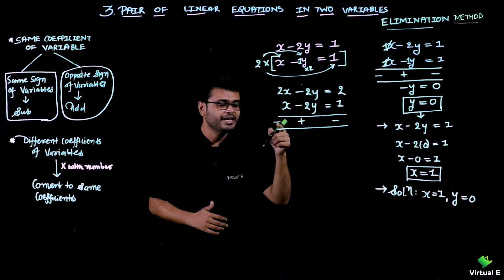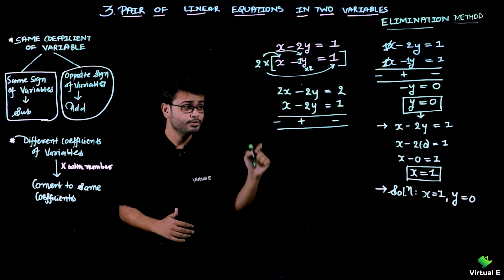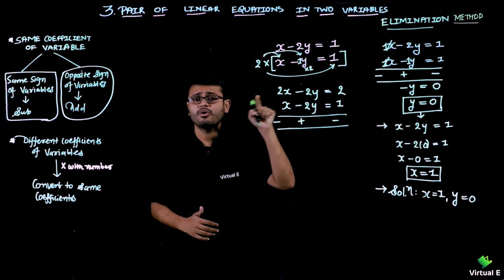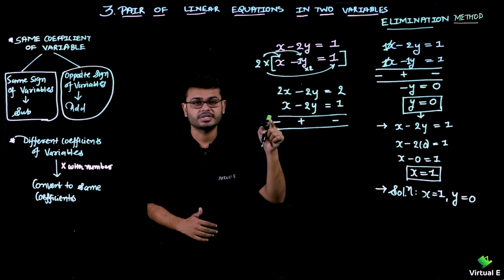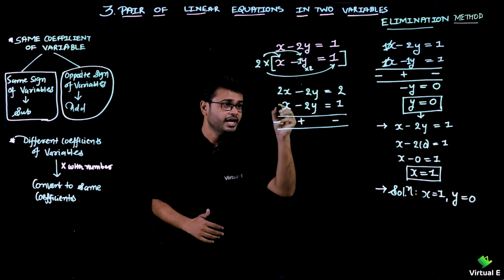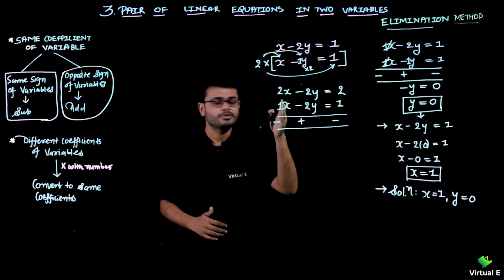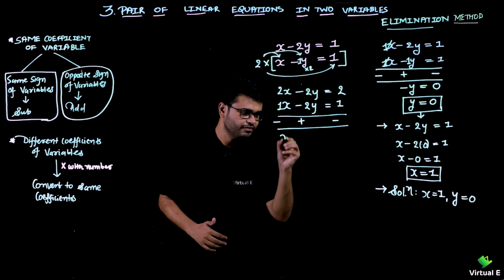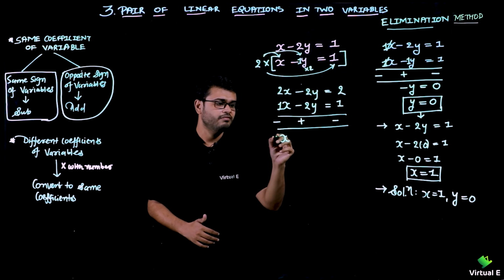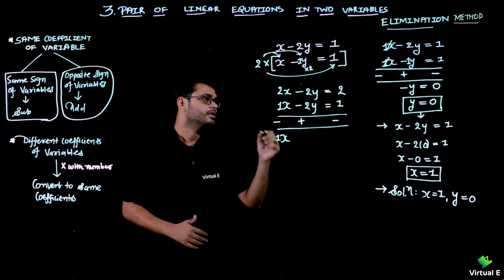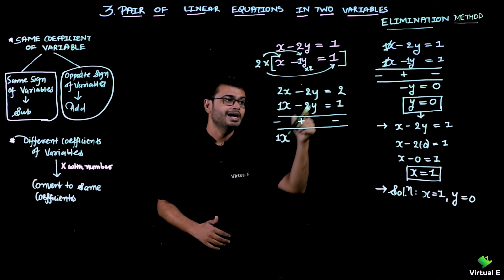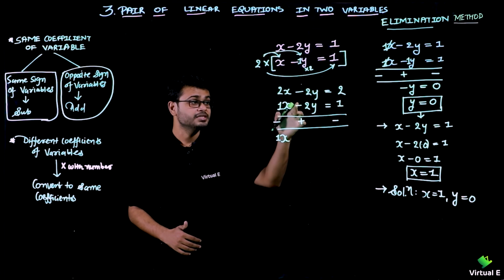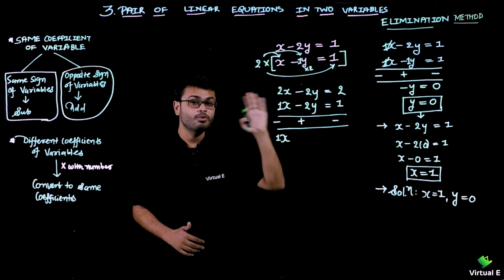So 2x minus x. Remember very carefully, I told you that this is the old sign and minus is a new sign. So 2x, and for your better calculation you can write 1 over here. So 2x minus 1x, that will give you only x, or 1x also you can write. Minus 2y and plus 2y, again this minus sign is an old sign.